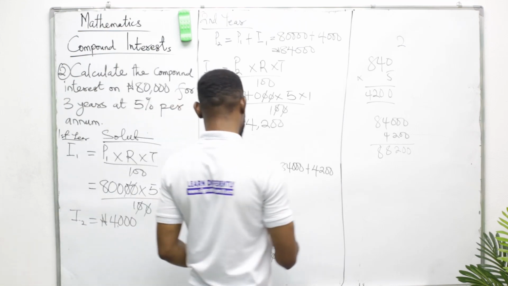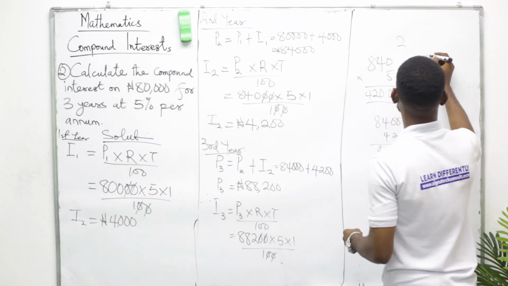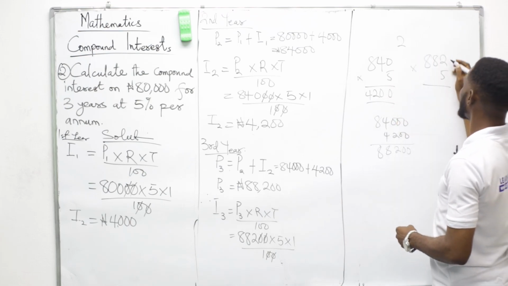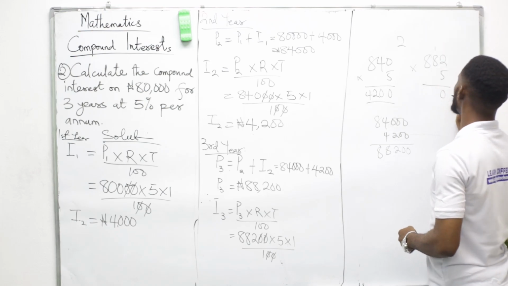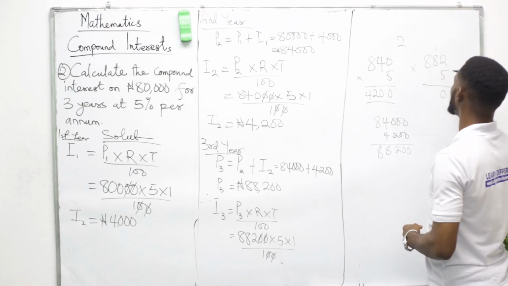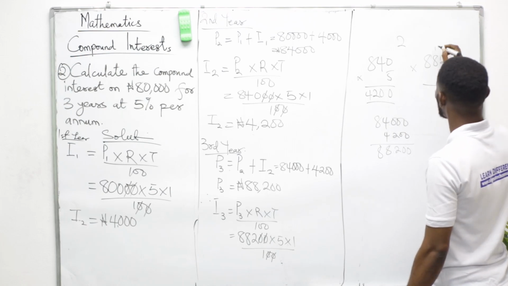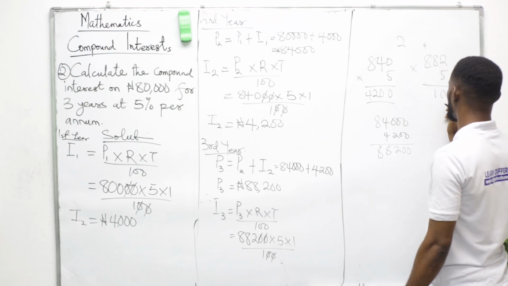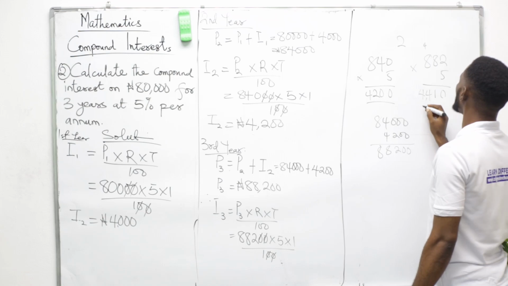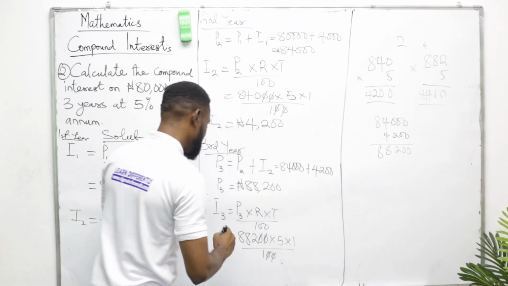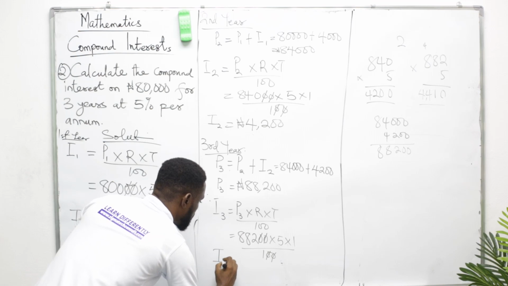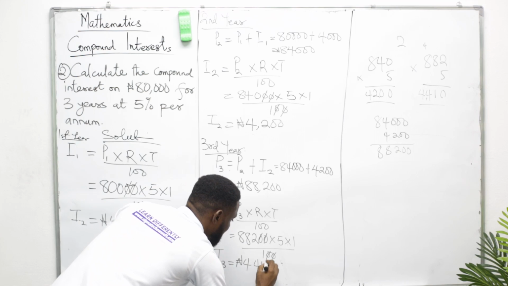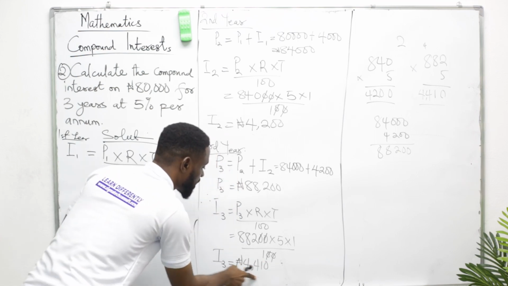So we are having 882 times 5. 5 times 2 is 10, write down 0, carry 1. 5 times 8 is 40 plus 1, 41. Write down 1, carry 4. 5 times 8 is 40 plus 4, 44. So it's 4,410 naira. So this interest I3 is equal to 4,410 naira.